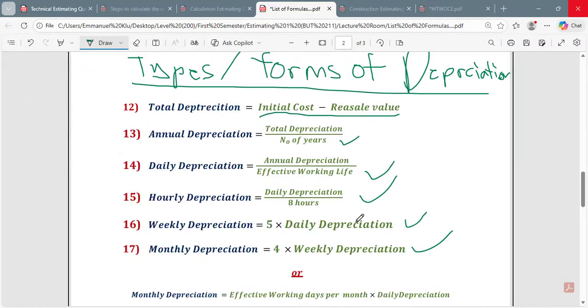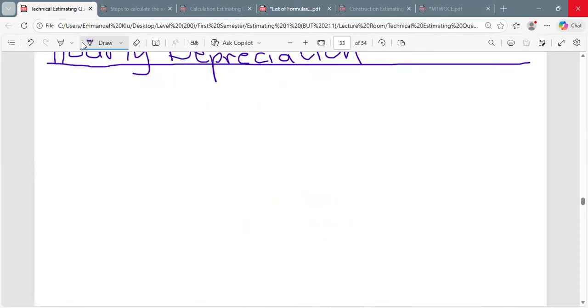Hourly depreciation is equal to the daily depreciation over 8 hours.